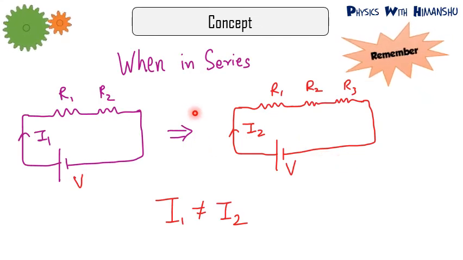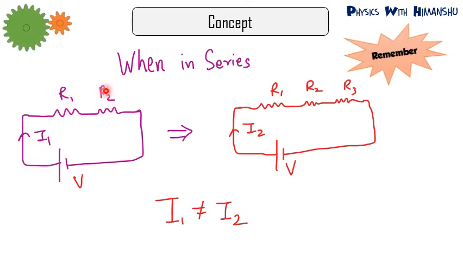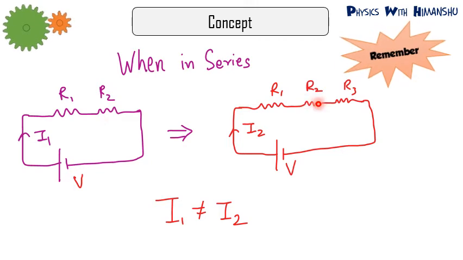Now there are two important concepts that you need to remember to solve MCQs. Suppose we have two resistors R1 and R2 connected to a battery of potential difference V, and suppose the current in the circuit is I1. Then in R1 also the current will be I1, and in R2 also the current will be I1. Now suppose I add another resistor R3 in series with R1 and R2. Suppose now the current is I2.